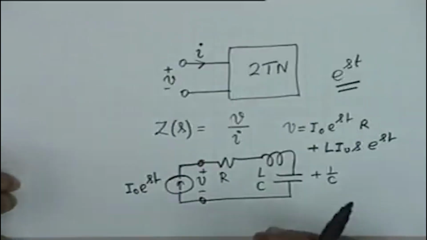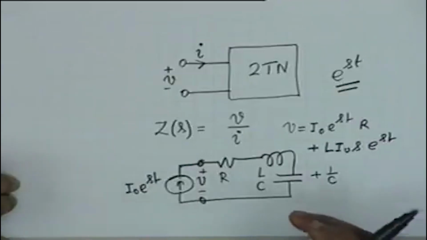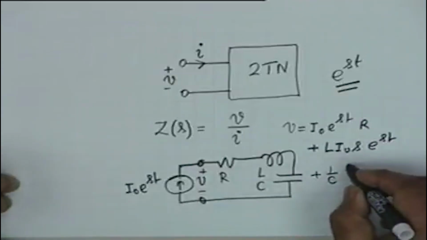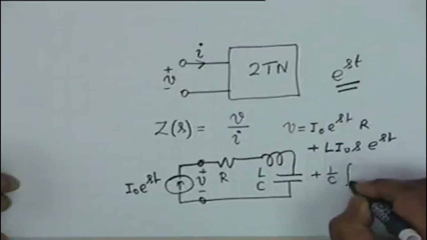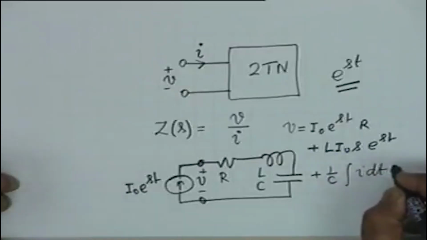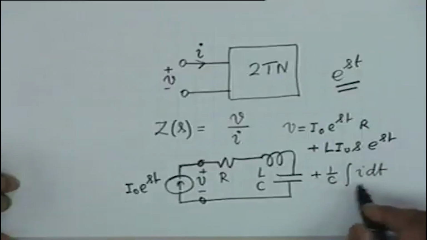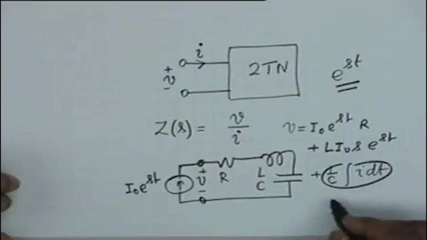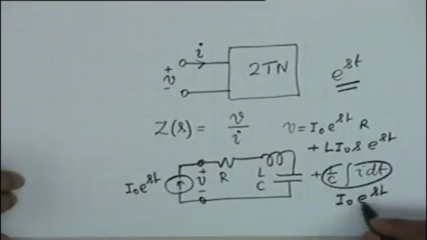We are not taking into account any initial charges. We assume that there are no charges stored. Therefore it is 1 by C integral I dt from 0 to t, and this is simply equal to I0 e to the power st divided by sC.